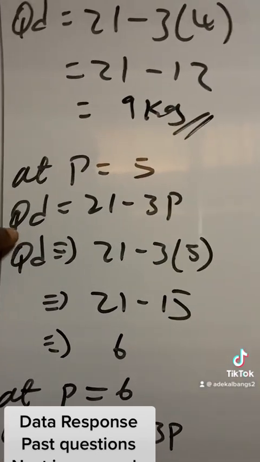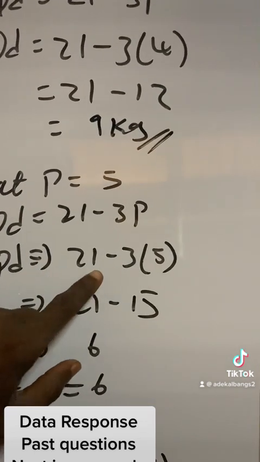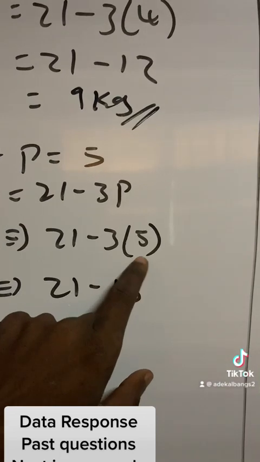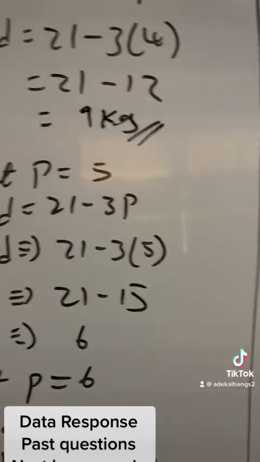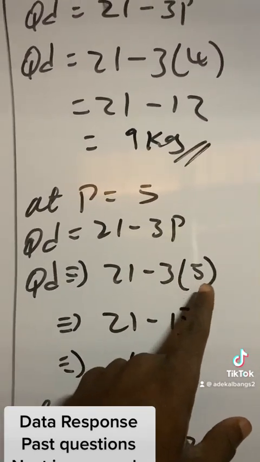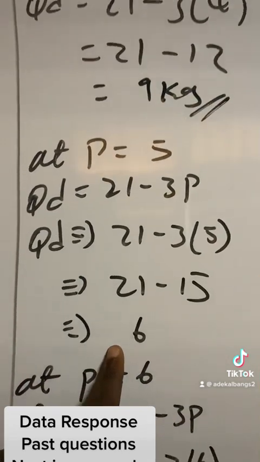What happened? Quantity demanded is equals to 21 minus 3p, and implies 21 minus 3 into, you replace p by 5. So you have now 21, 3 times 5 is 15, 21 minus 15 is equals to what?